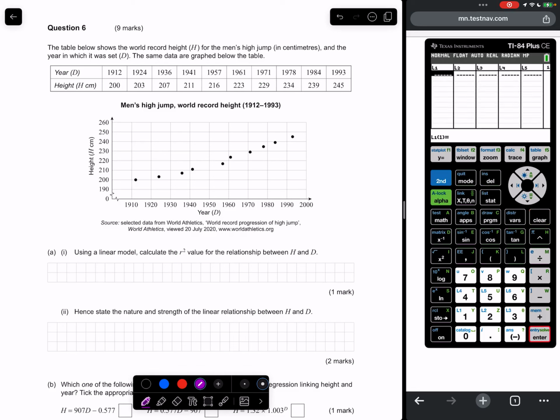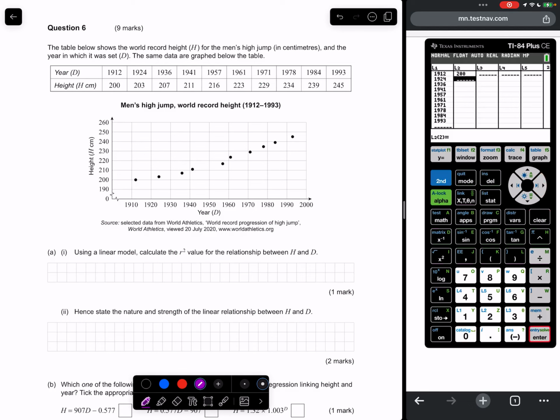So L1: 1912, 1924, 1936, 1941, 1957, 1961, 1971, 1978, 1984, 1993.